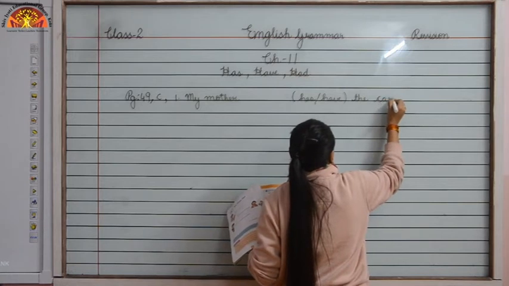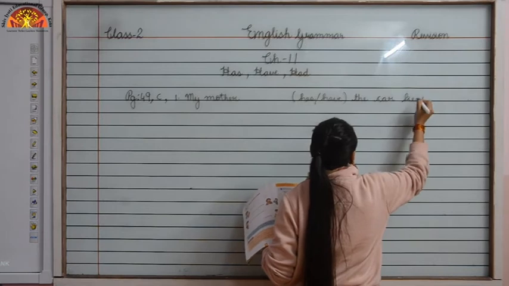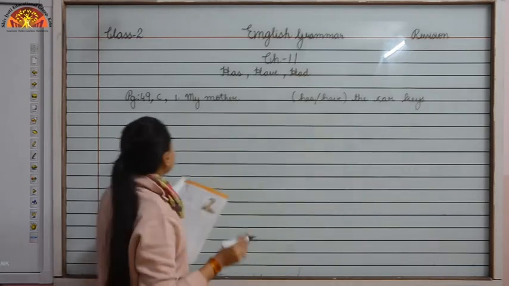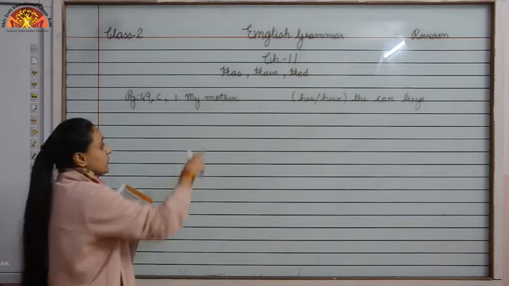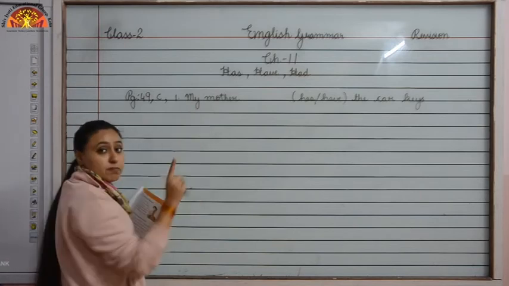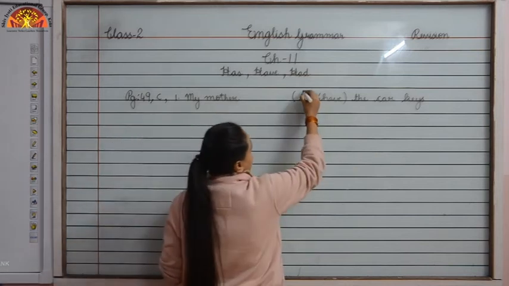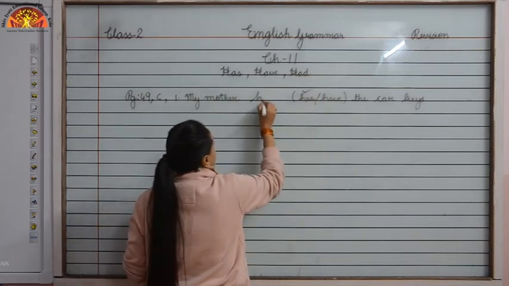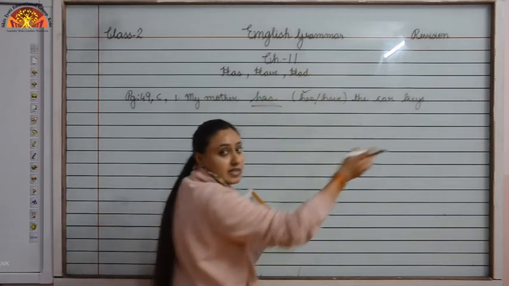So children, in this sentence we are talking about my mother, one lady. So we used has with it. Okay, so the correct answer is has. My mother has the car keys.